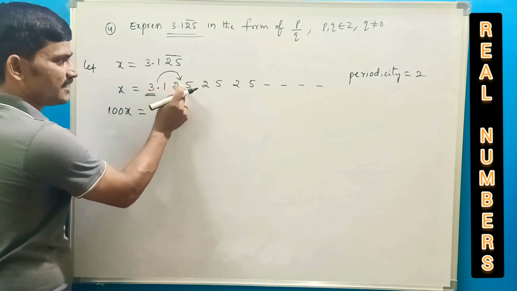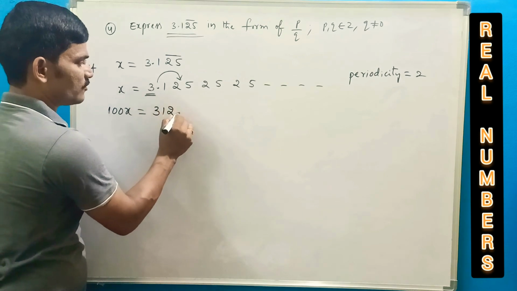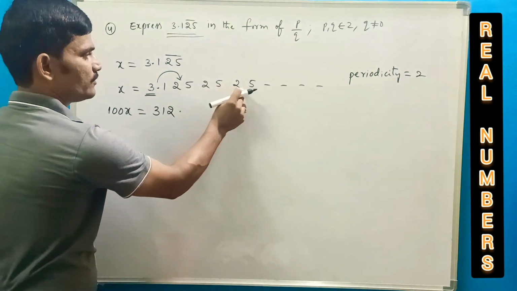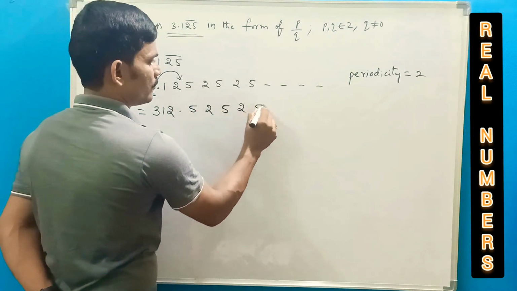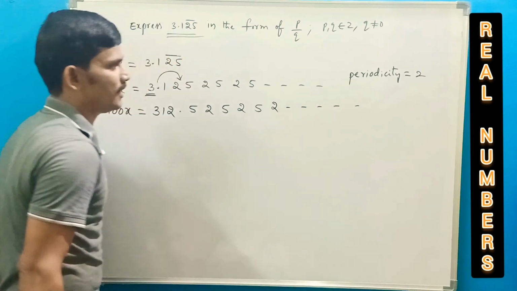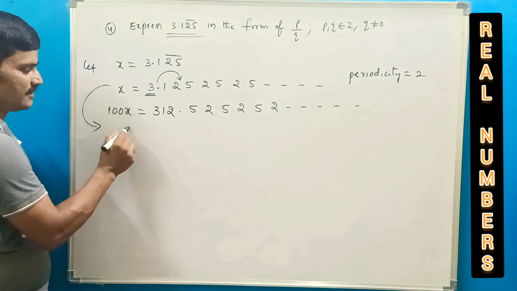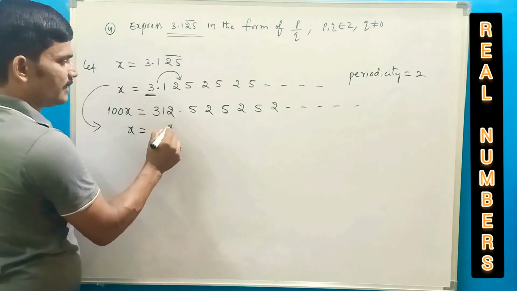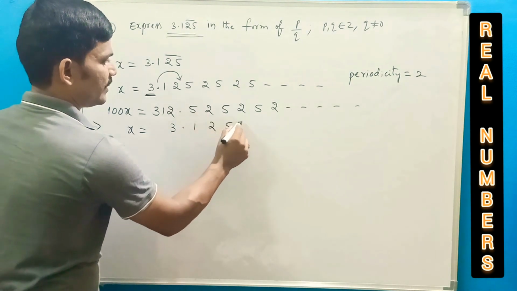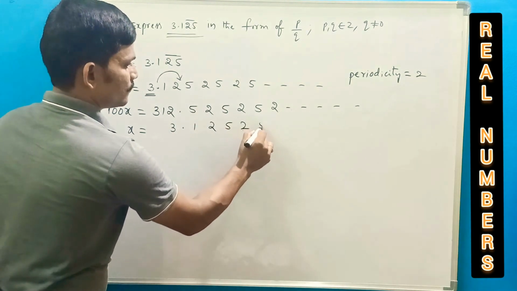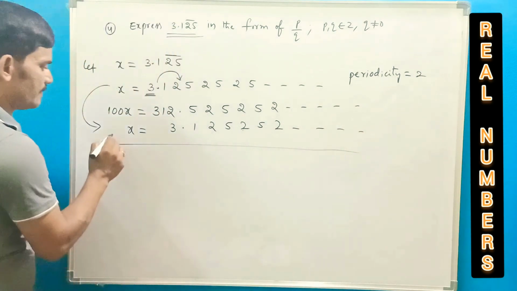If the point shifts here, it becomes 312.52, 52, 52 and so on. Then again subtract this x from the 100x. x is equal to 3.125, 25, 25, and so on. Do the subtraction.